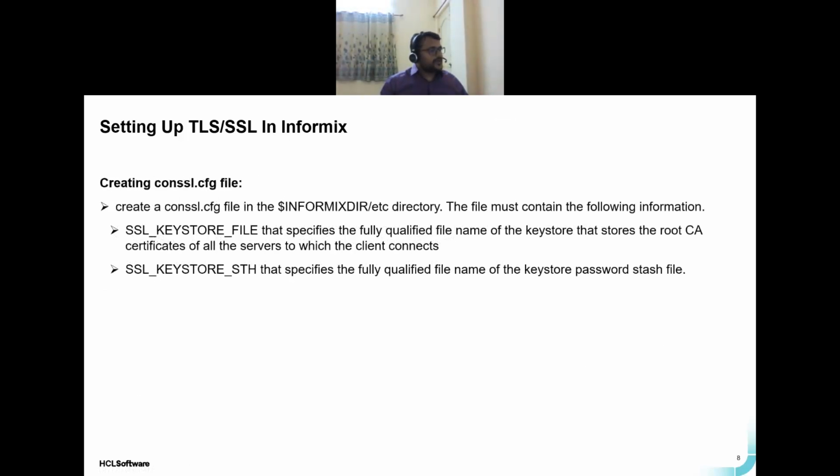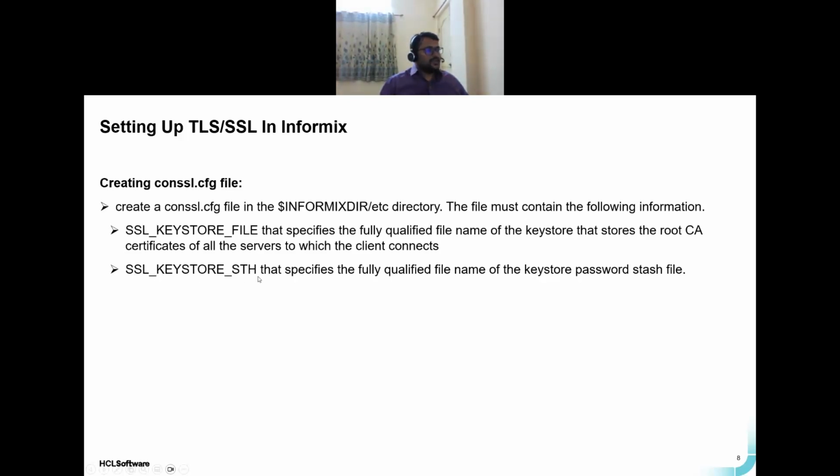After creating the client key store, update the conssl.cfg file or create the conssl.cfg file in the INFORMIXDIR etc directory. The conssl.cfg file contains the SSL key store file parameter with the client key store file name with full path. And if the stash file name is different, then we can give the SSL key store stash parameter.